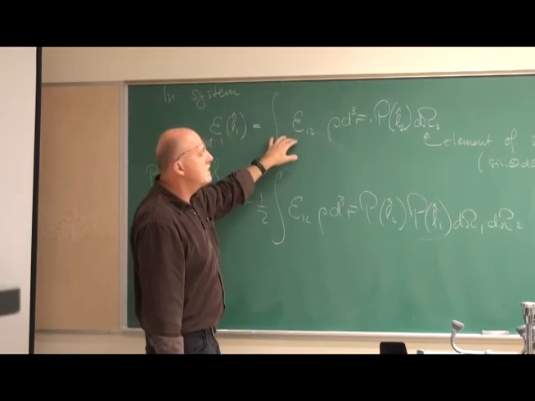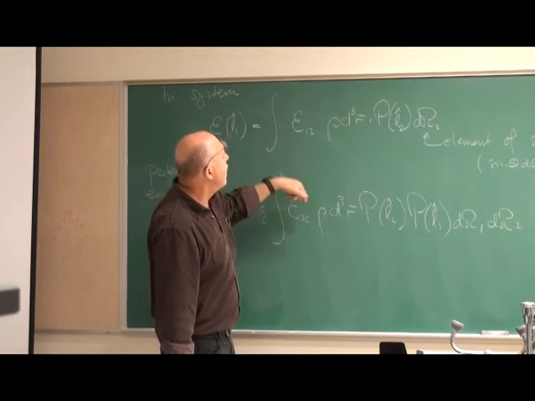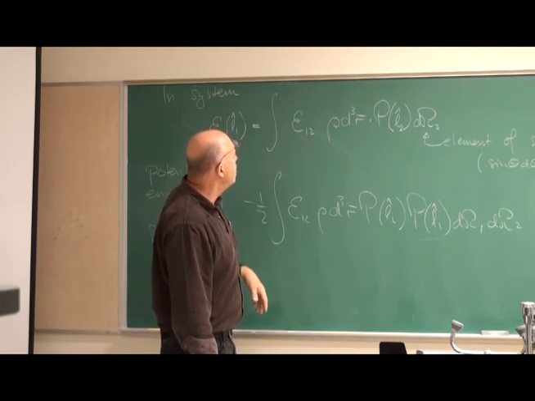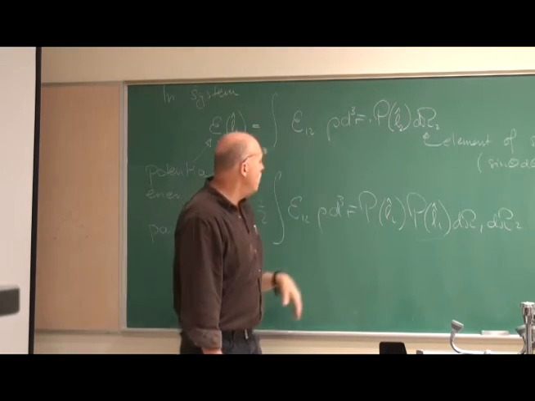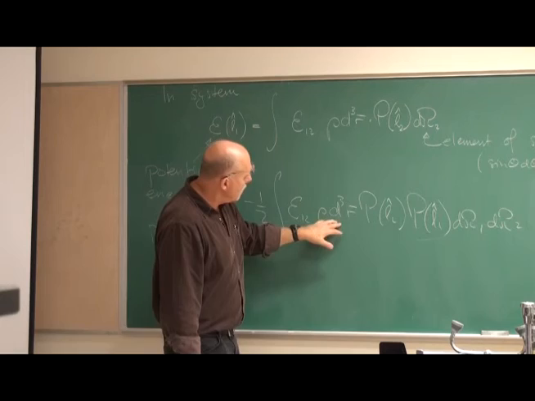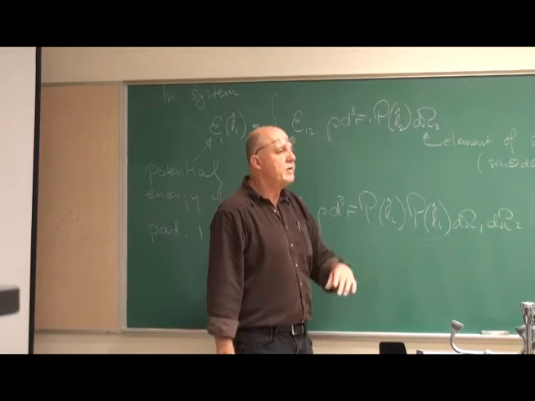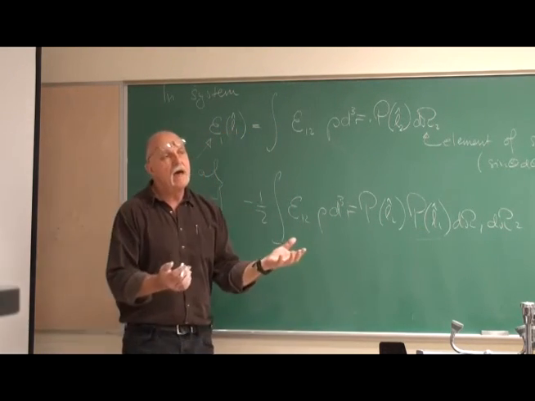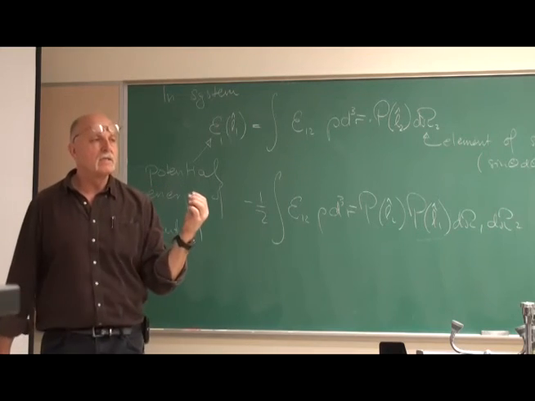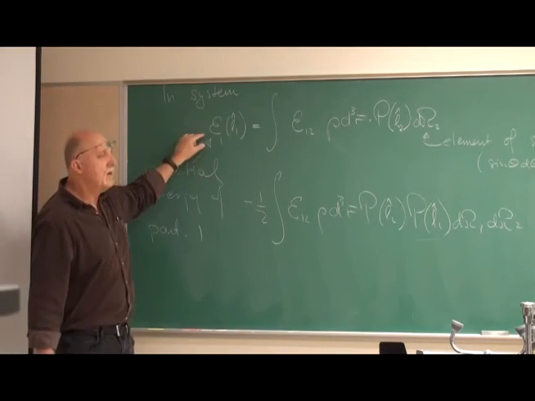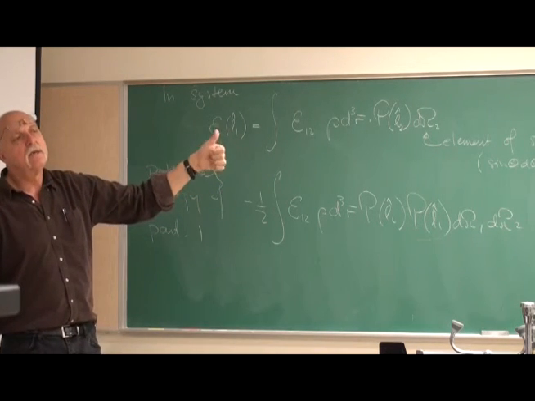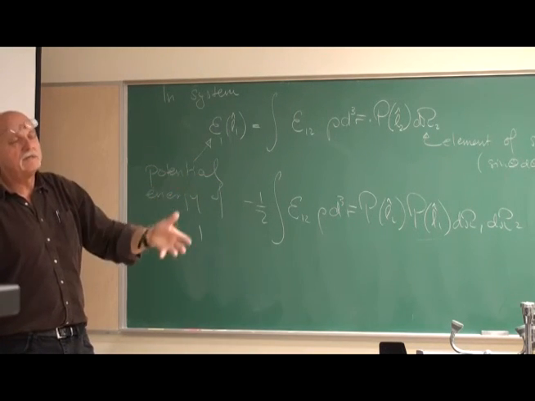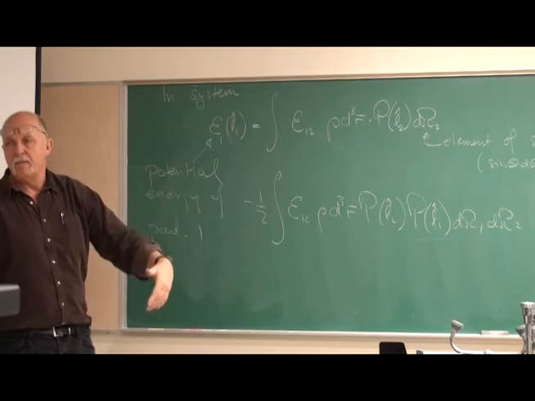So remember that these guys depend both on R, we integrate that out, and on orientation, we integrate one of those out. This guy depends on R, integrate that, and integrate both orientations. So once we do that, then we'll have a nice, simple expression for the potential energy of a particle in the system, depending on its orientation, and then we can calculate the partition function of free energy, minimize it, and we're done.